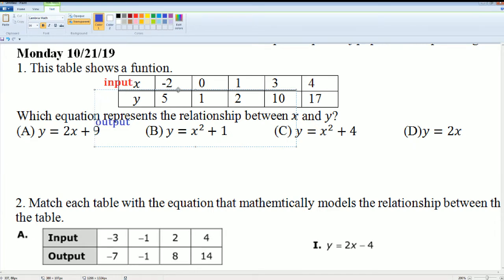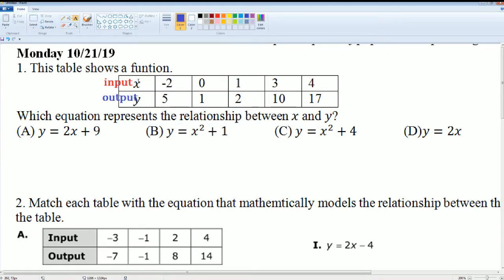Which means when you plug in x, the first one that we can use, I could grab anything, but I'm going to grab this one.